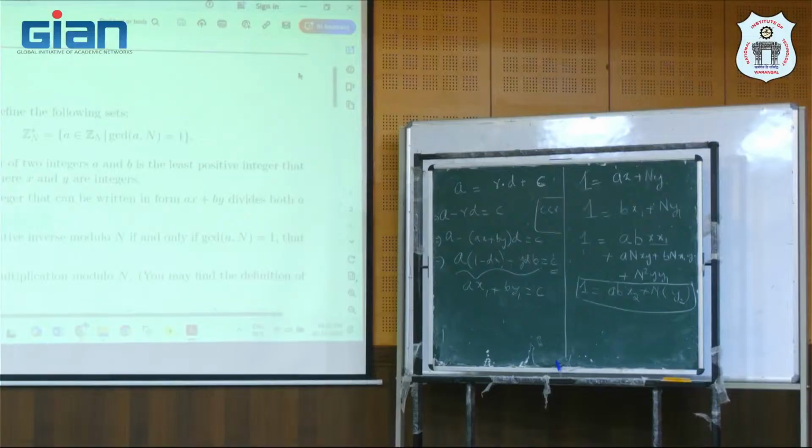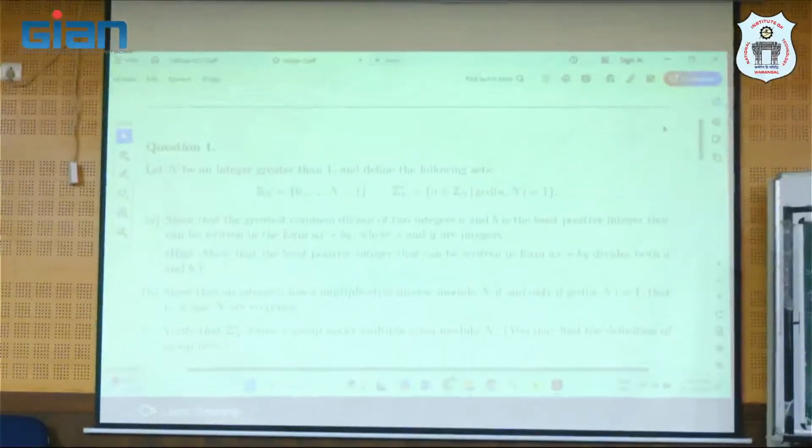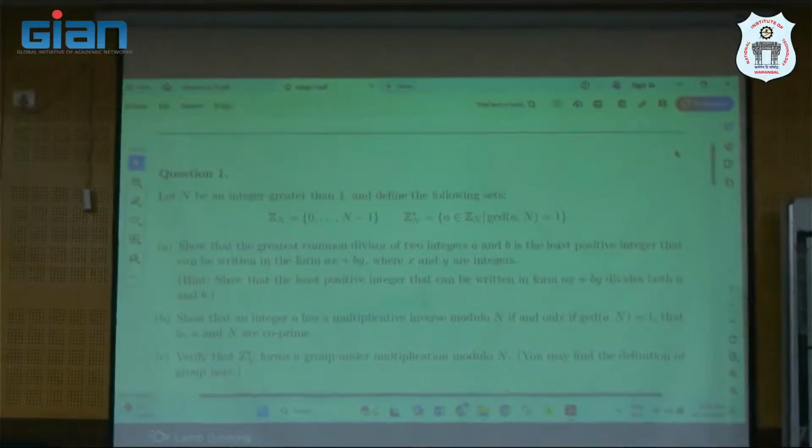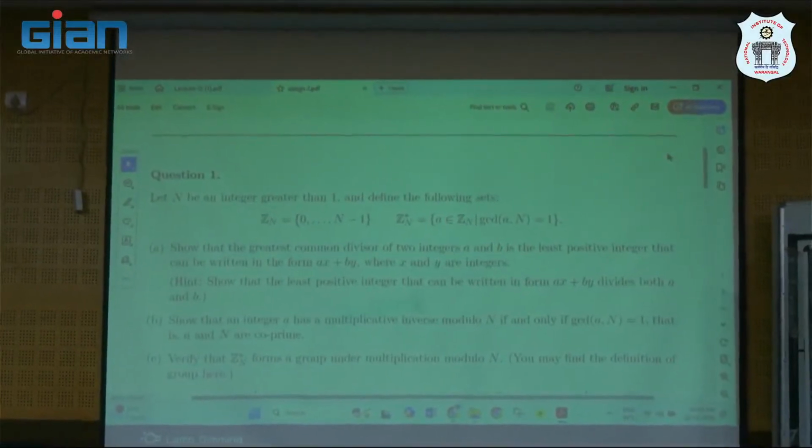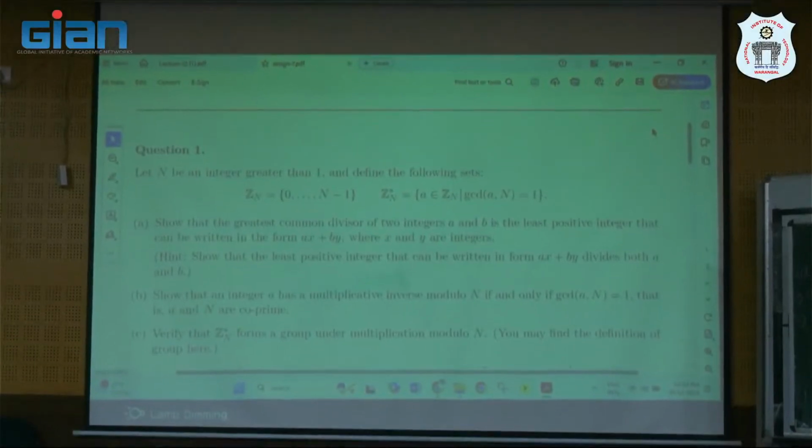So if A is co-prime to n, B is co-prime to n, AB is co-prime to n, correct. Anyway, it is also not difficult to see: if A and n have no common factors, B and n have no common factors, then AB will have no common factor, correct? Yes? Nonetheless, we can also see it like this.